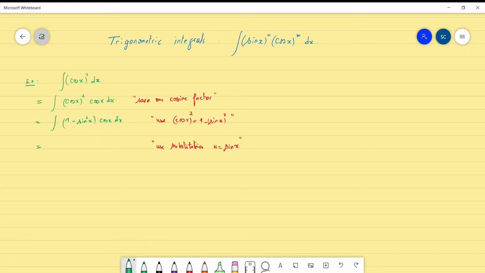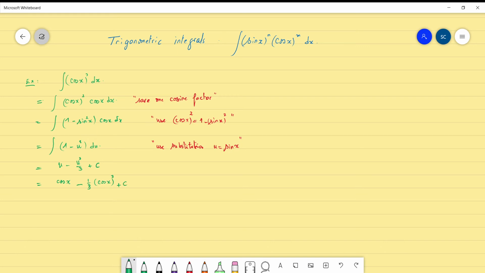So we will get the integral of 1 minus u squared du, from which we can easily find our antiderivative. The antiderivative is u minus u cubed over 3 plus a constant, which, with u being sine x, is sine x minus 1 over 3 sine x power 3 plus a constant.